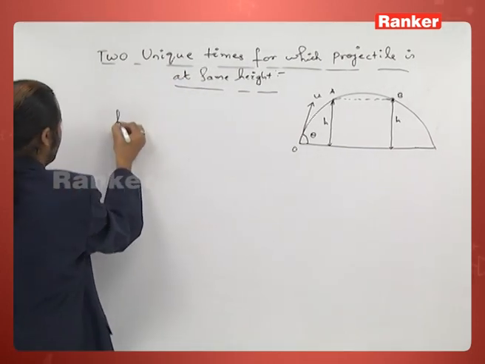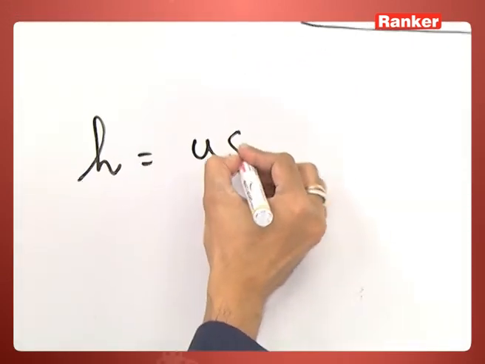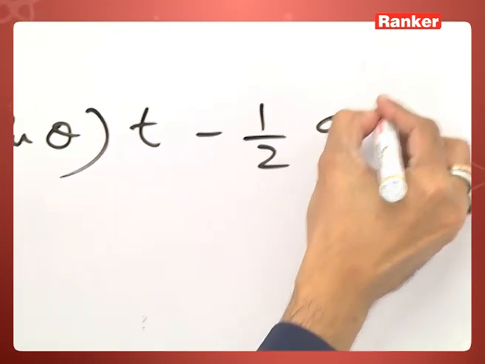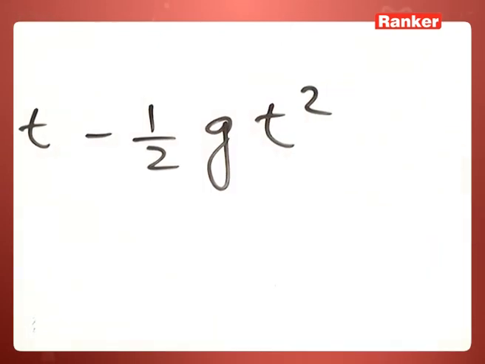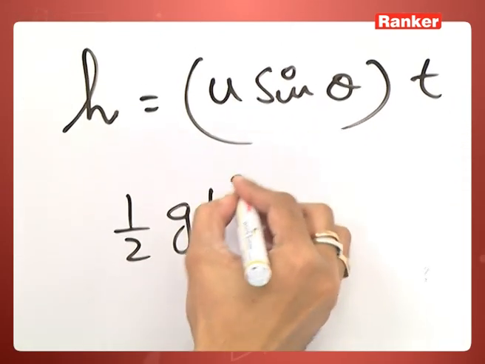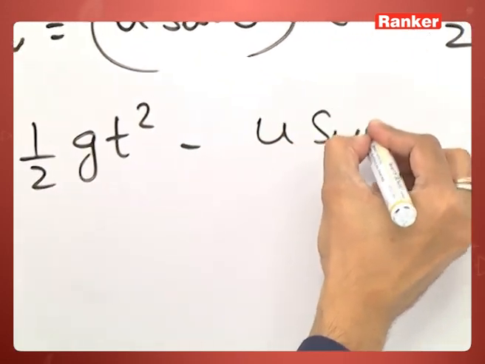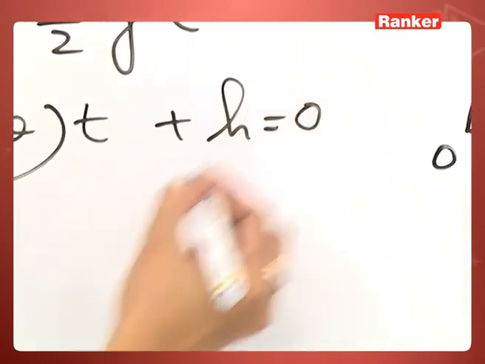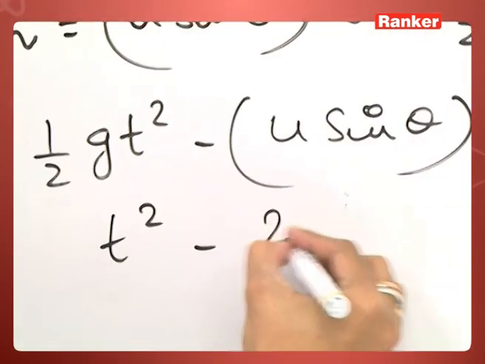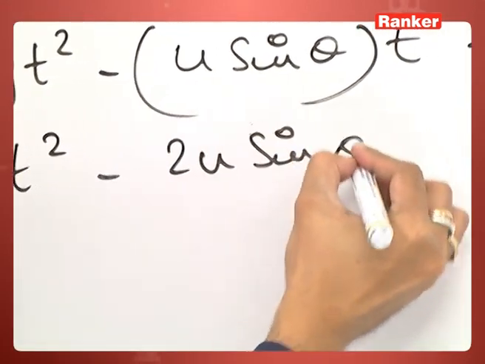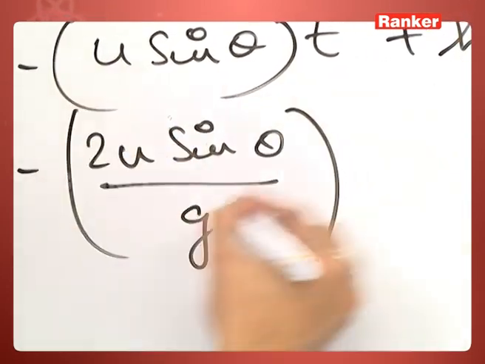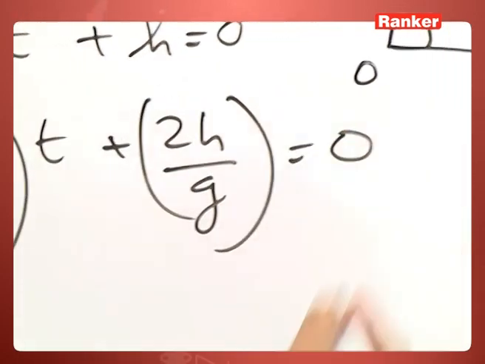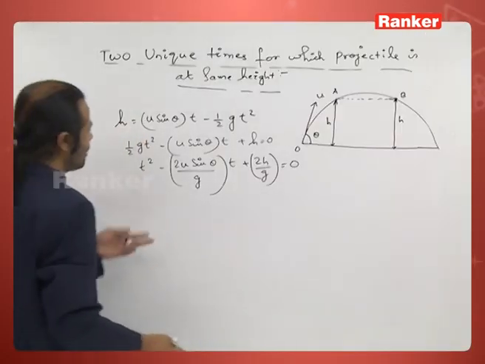So h is equal to u sine theta t minus half g t square, or I can write half g t square minus u sine theta into t plus h is equal to 0, or t square minus 2u sine theta by g into t plus 2h by g equal to 0. So this is a quadratic equation, 2 roots.